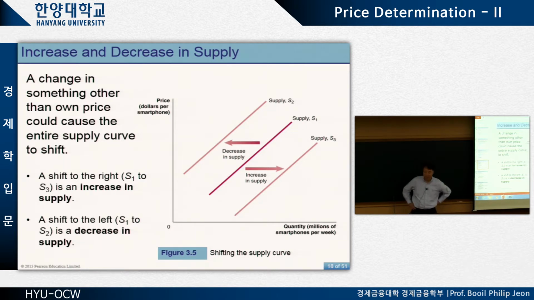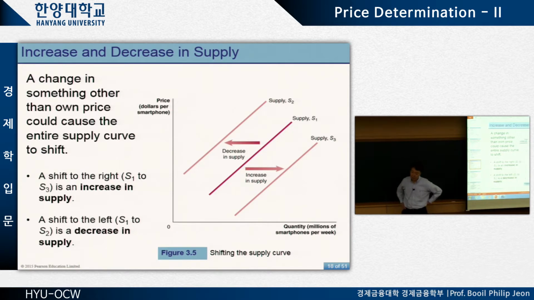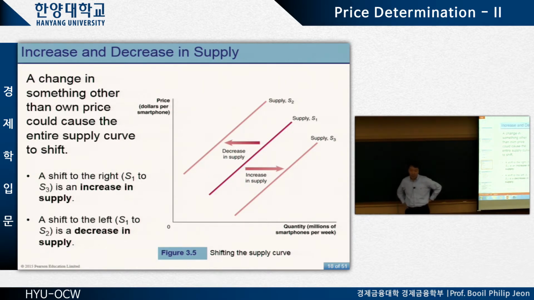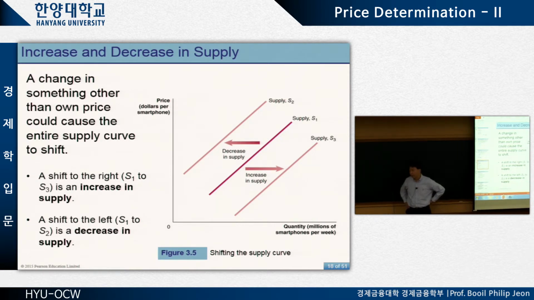Right. Supply will never change, right? When the price of something goes up, supply for that product will not change. Only the quantity supplied will change, right?